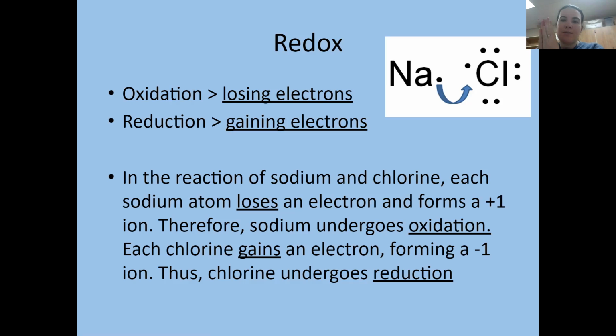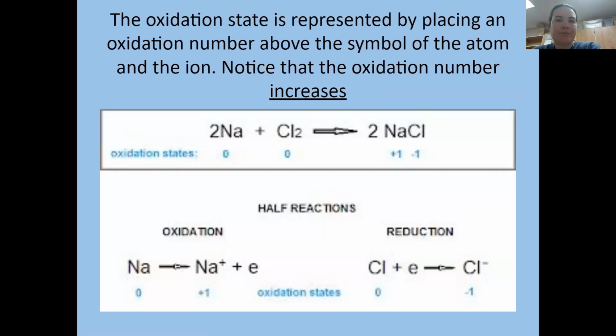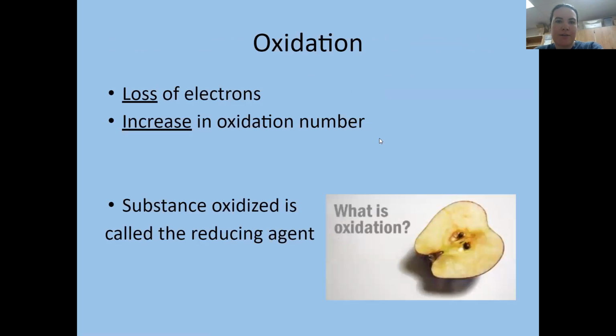So sodium goes from 0 to +1, that's an increase, and chlorine goes from 0 to -1, that's a decrease. So that one is reduced. So the oxidation numbers are basically the charges, and that's what we're mainly focusing on here. Oxidation number is increased for oxidation and decreased for reduction.